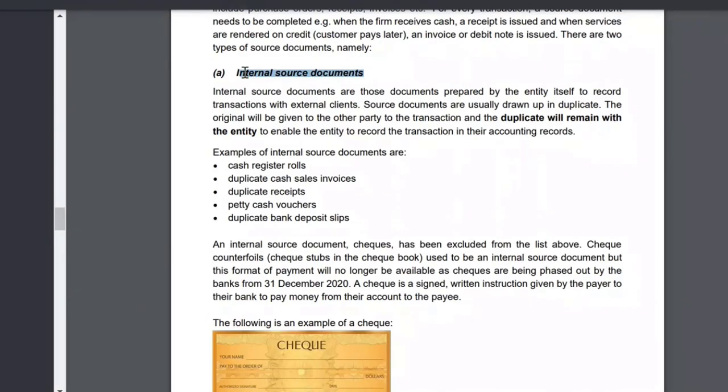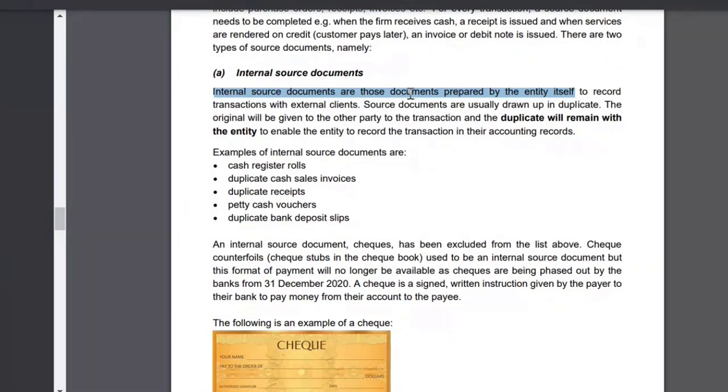So what are internal source documents? Internal source documents are those documents prepared by the entity itself to record transactions with external clients. Let me just repeat that.